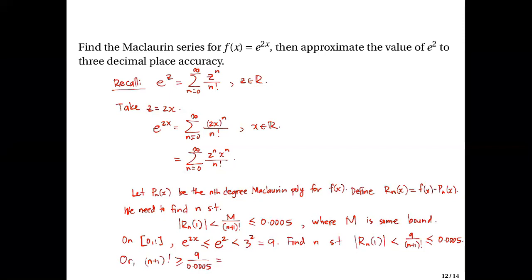If we calculate this, 9 divided by 0.0005 is roughly 18,000. So we want the n such that n plus 1 factorial is at least 18,000.